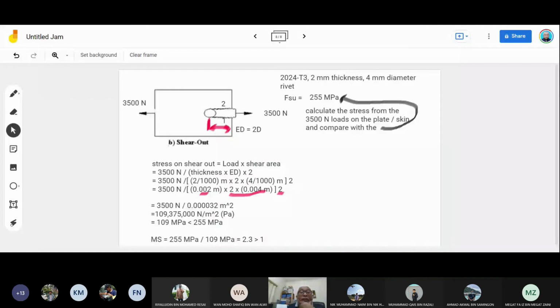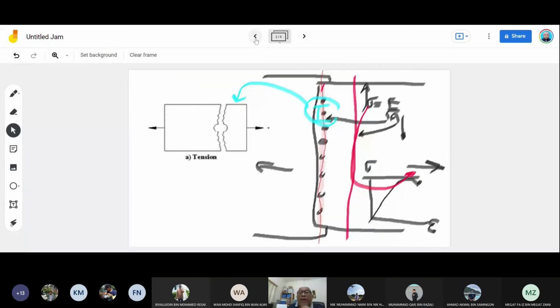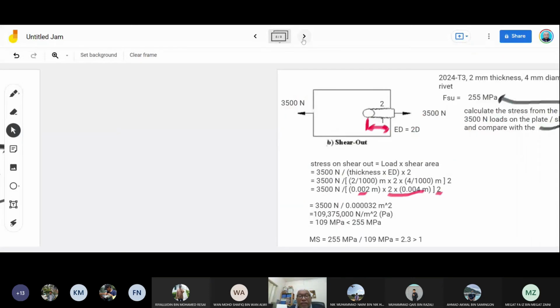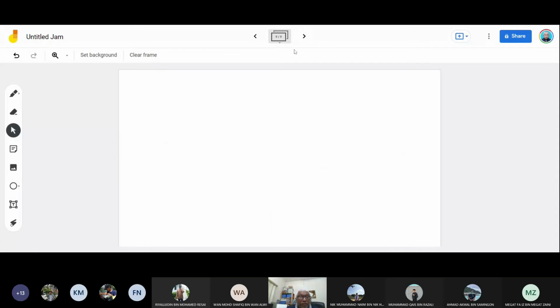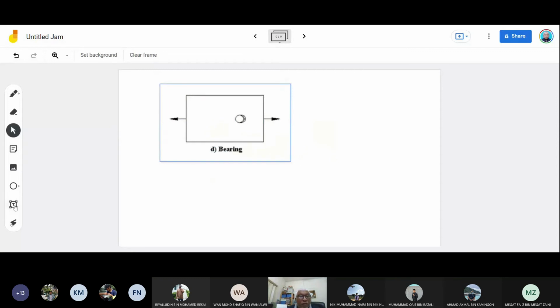Okay, next we look at bearing, after shear out. For bearing we use the same force, which remains the same because it is the same design, only a different analysis.